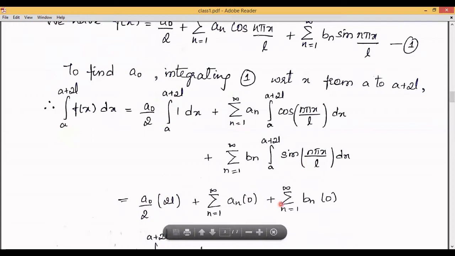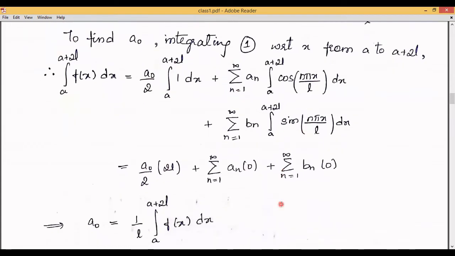The second and third terms vanish due to the basic results, and here 2 and 2 get cancelled. Since we are interested in finding a naught, we'll cross multiply this L to the other side. So that becomes 1 by L times the integral from a to a plus 2L of f(x) dx. So this is how we find a naught, the first Euler's formula.